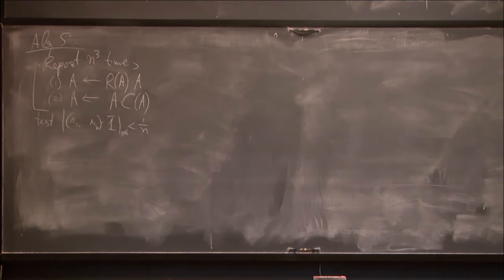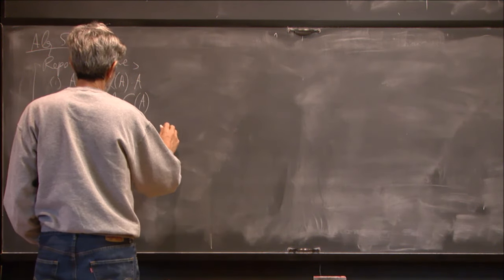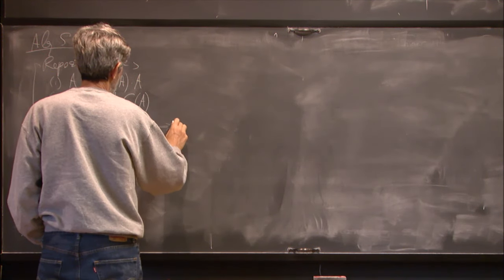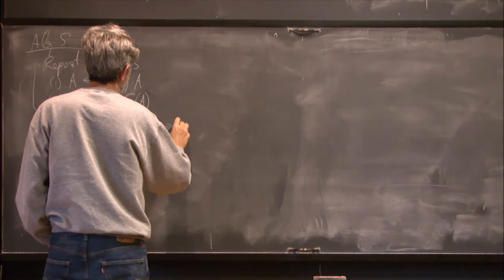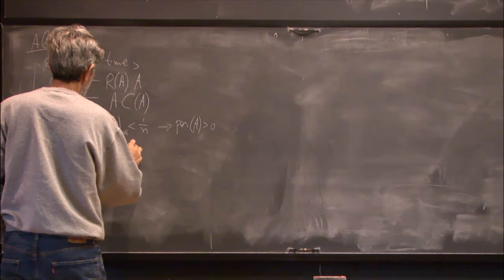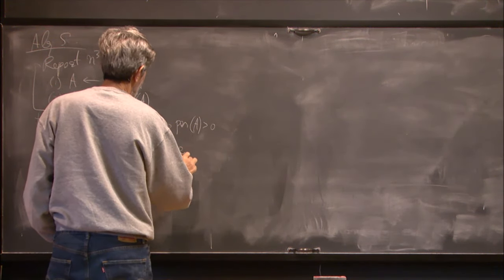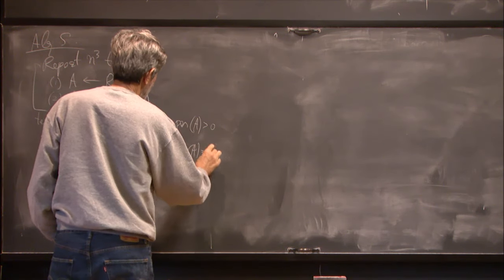And if this is true, then you say yes, permanent of A is greater than 0, and if it's bigger than 1 over n, you say permanent A equals 0.